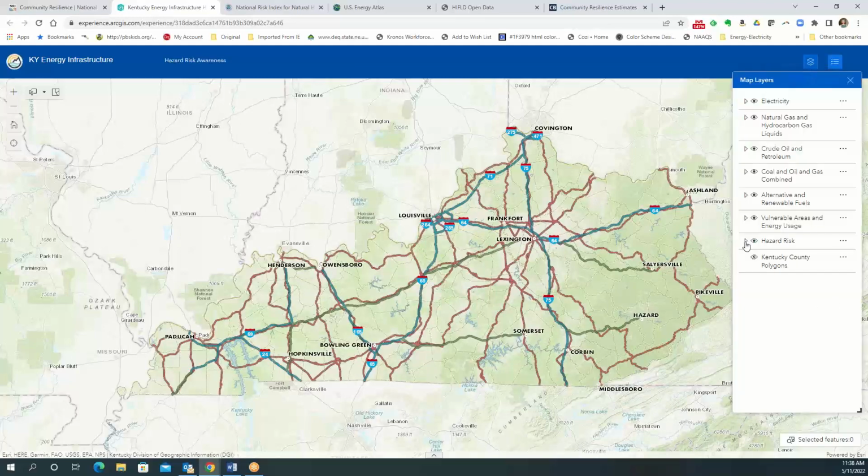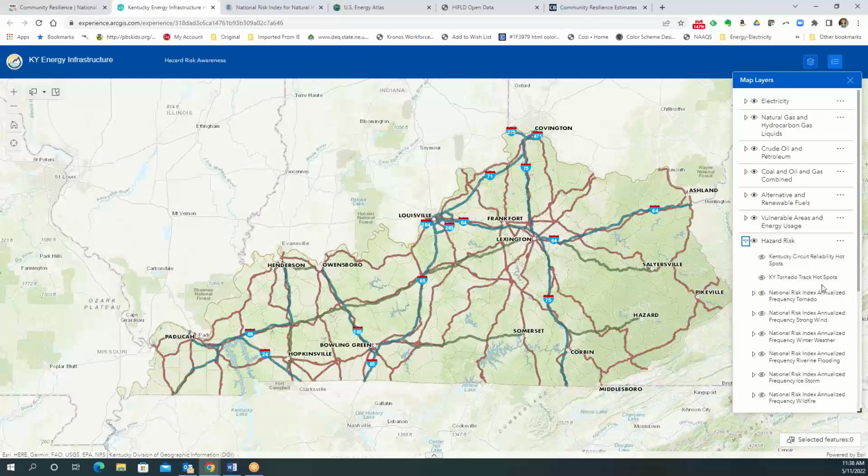One thing I wanted to show on hazard risk is we are fortunate in Kentucky that we have electricity reliability data at the circuit level through data that's submitted to our Public Service Commission.